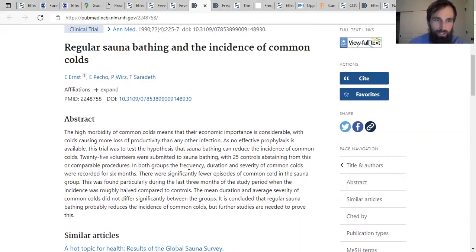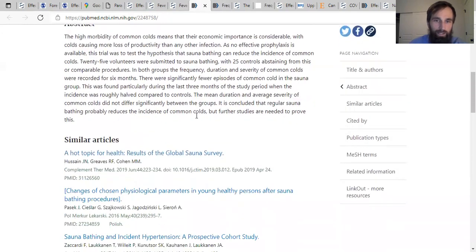And this has to do with the mechanisms that we just talked about: the immune system, communication modulation, and the inhospitable environment that the heat creates.